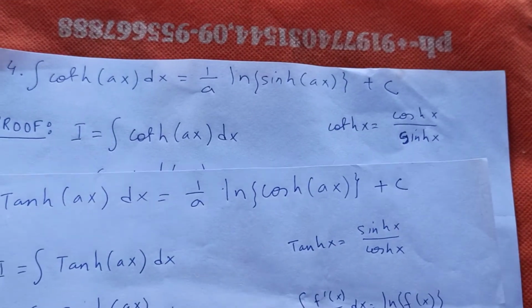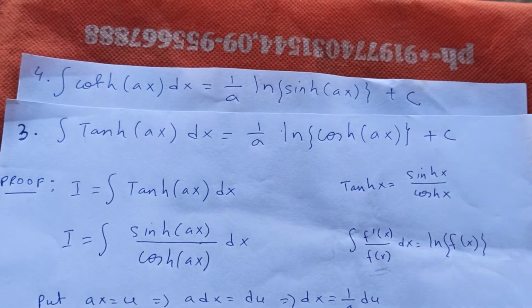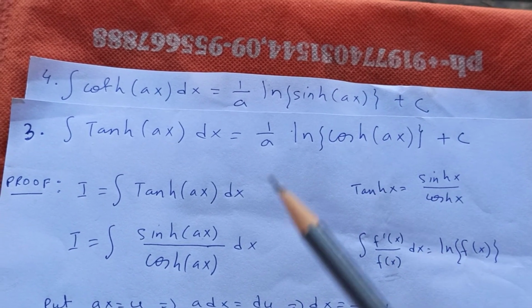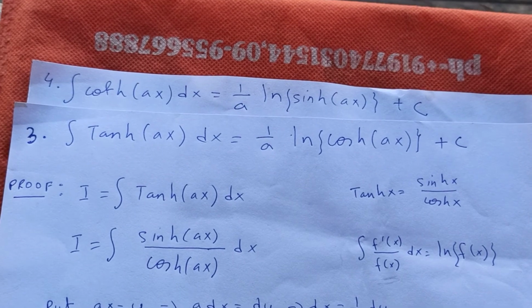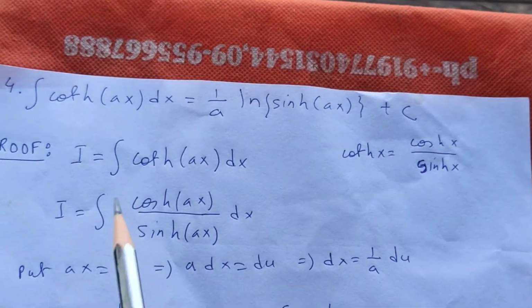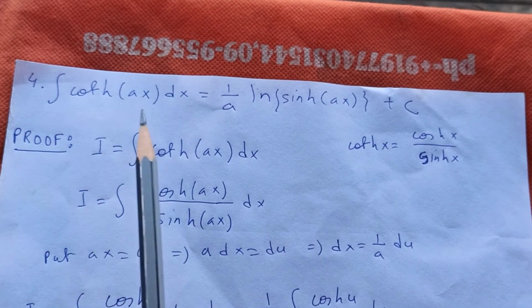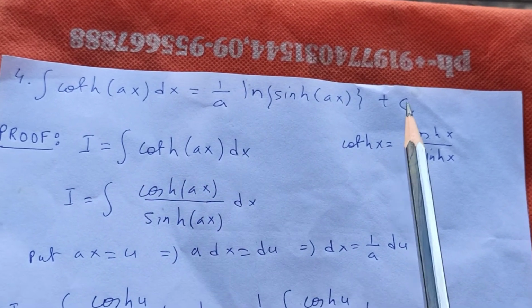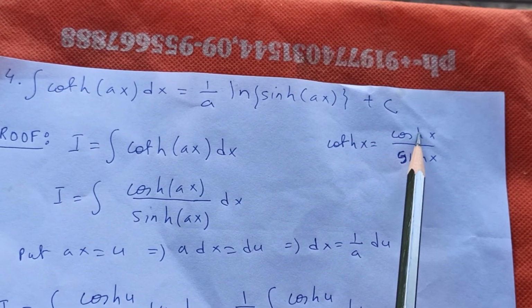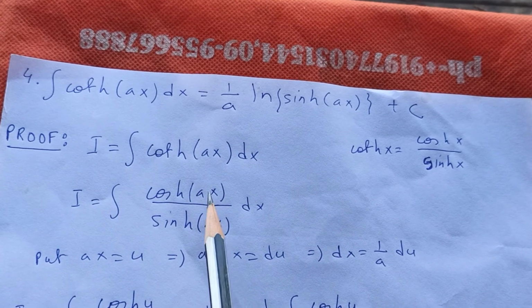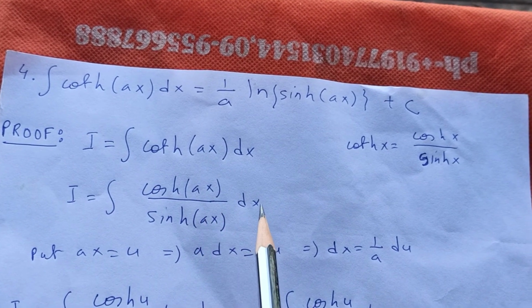If you compare these two, if you integrate cot you get natural log of sine, and tan is natural log of cos. They differ only by that. Now I is the integration of cot hyperbolic of ax dx. Cot hyperbolic of x is nothing but cos by sine, right? So I is going to be cos hyperbolic of x upon sine hyperbolic of x dx.